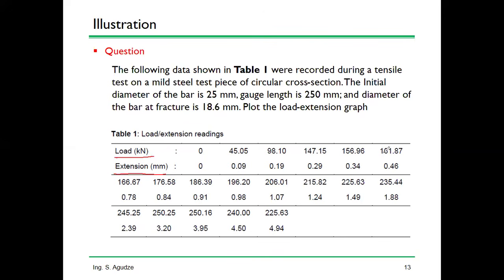So all the numbers in the first row are loads in kilonewton, and the second row are all extension in millimeters. So let us look at, for example, the load axis. In our graph, the load will be plotted on the y-axis, and then extension will be plotted on the x-axis.